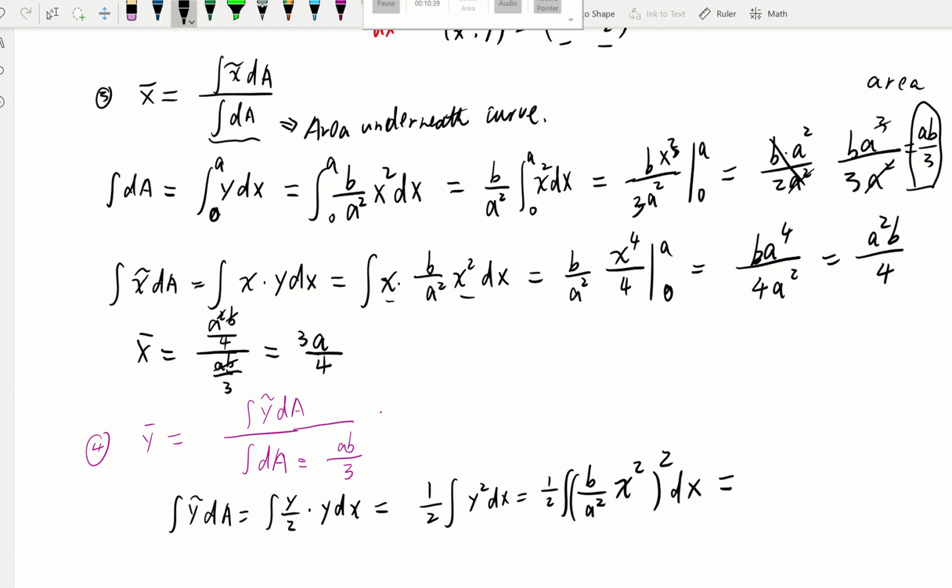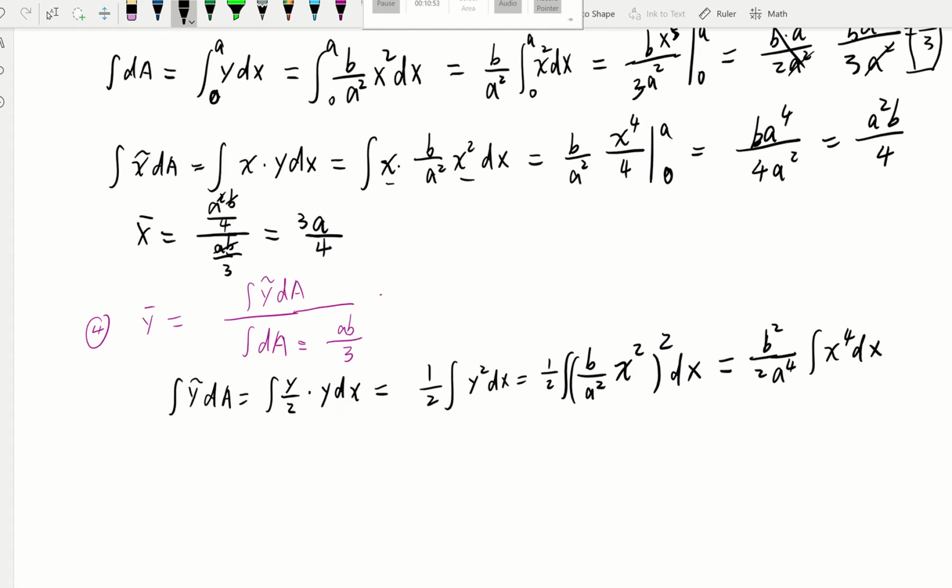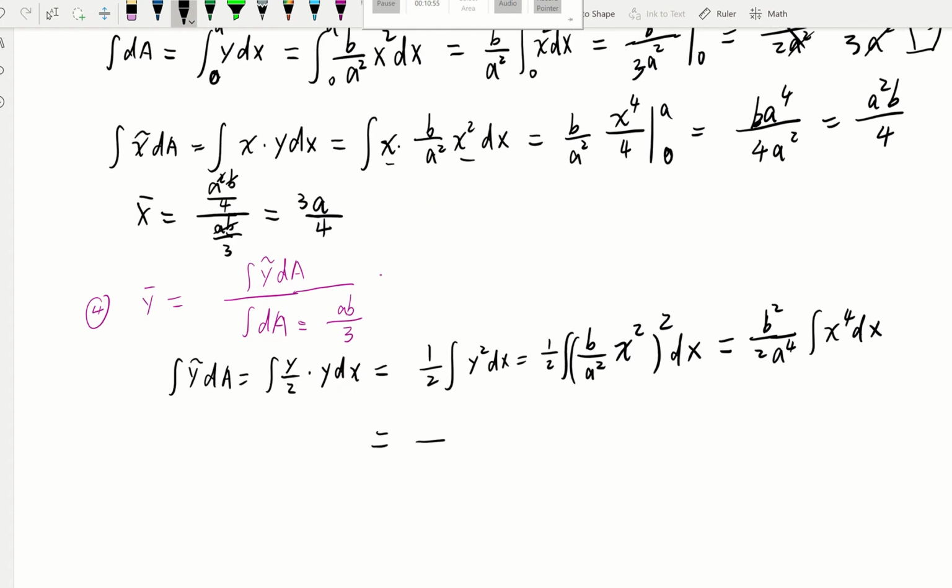Then let's see what we have here. We'll have a half. But then we'll have b squared over a to the power of 4 being a constant. Then inside we'll have x to the 4th dx. When we go ahead to integrate that, we'll have x to the fifth over 5.